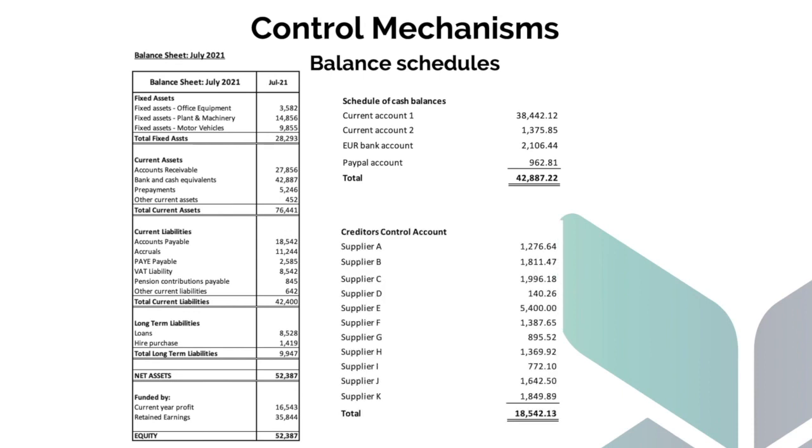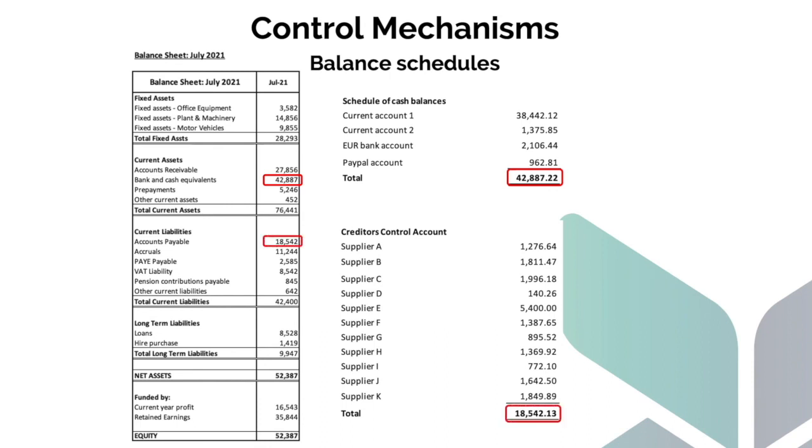And this is your balance from your creditors control account, which includes all your suppliers that you currently owe money to. And again, this is internal. You can't class this as reconciliation to independent data. However, what you can say is that the 42,887 cash balance agrees to the balance sheet, where the 42,887 is the cash balance.